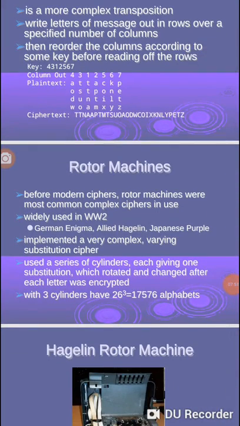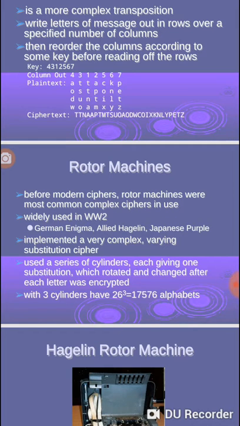Now the rotor machines. What are rotor machines? Before the modern ciphers, rotor machines were the most common complex ciphers in use. They were widely used in World War II, for example the German Enigma, the Allied Hagelin, and the Japanese Purple.